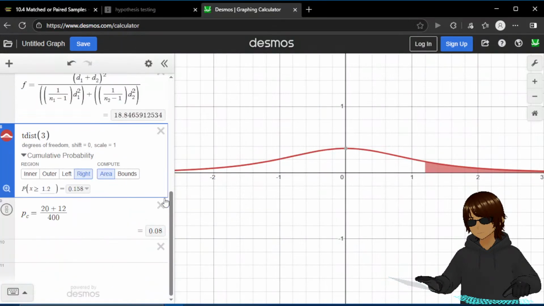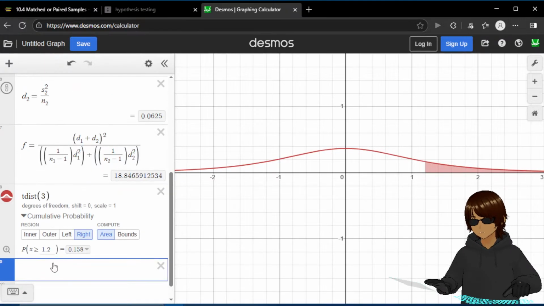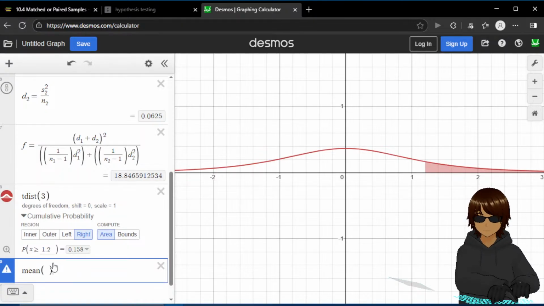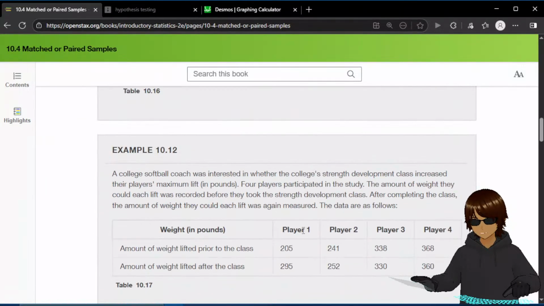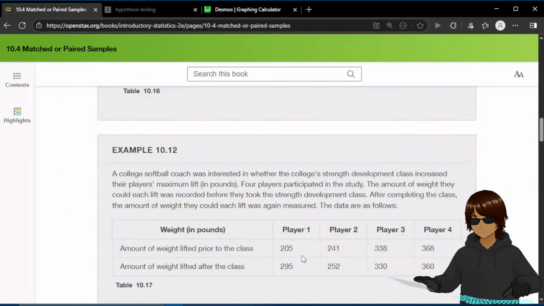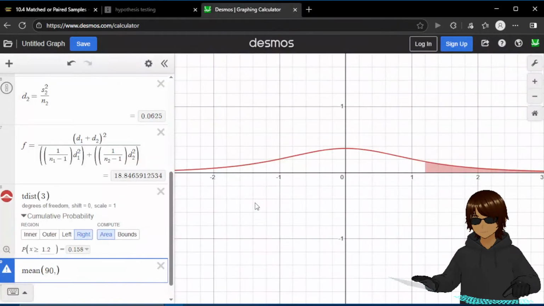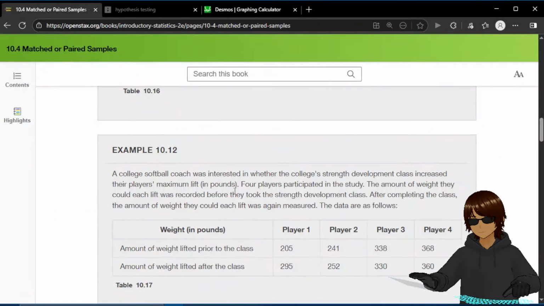Okay, I think it's better if I do this. Mean. 205 minus 295, 90. 241 minus 252, 33.